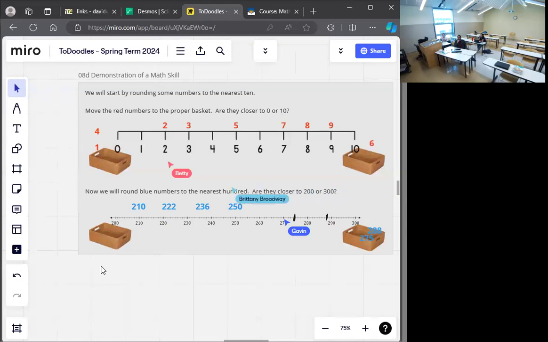When we're rounding, we need to know what to do with a number right in the middle. We could have picked either, but we don't get to pick because it's been established before us. We have to follow the rules. So the rule is that if it's right in the middle, you make it bigger. So 5s round up to 10. The same thing happens with 250. It's right in the middle between 200 and 300.